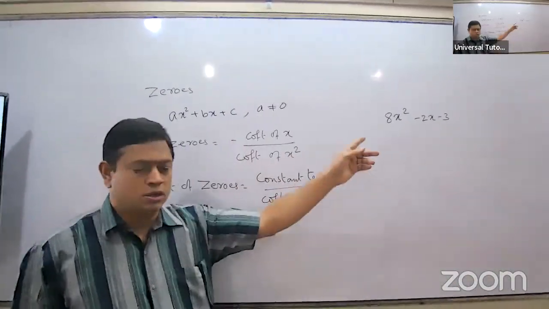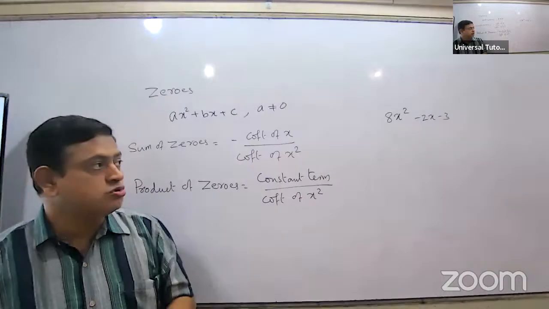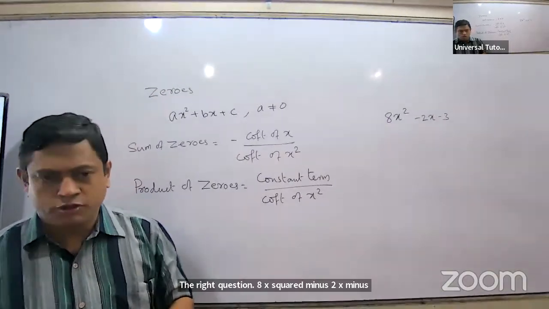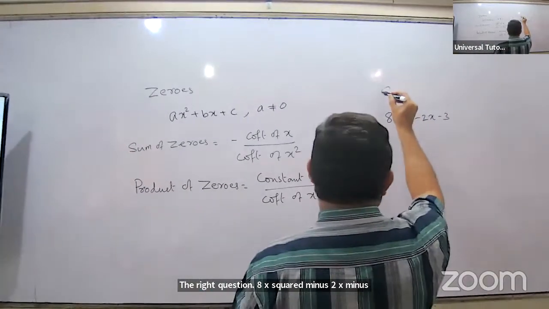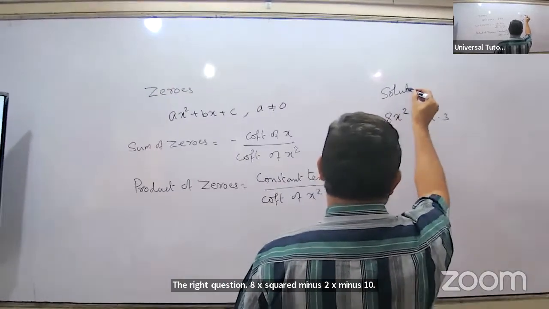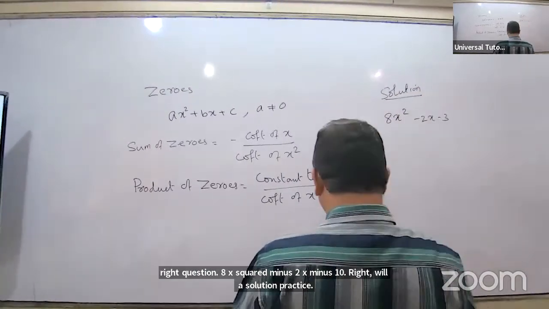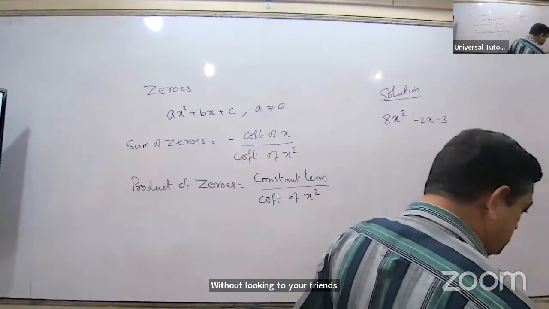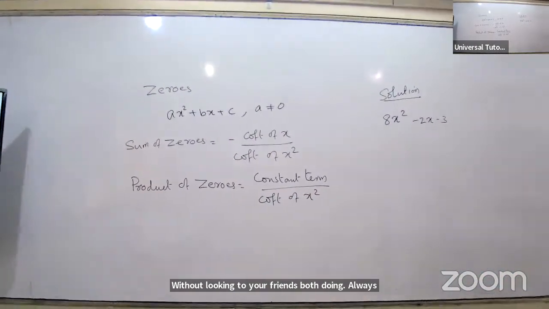The question is 8x square minus 2x minus 3. Write below, solution: factorize. Without looking at your friend's book, do it yourself. Mistakes are no problem, but do it.